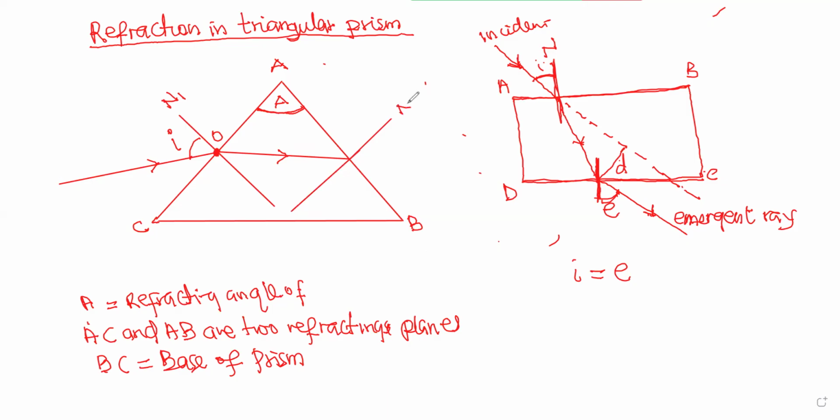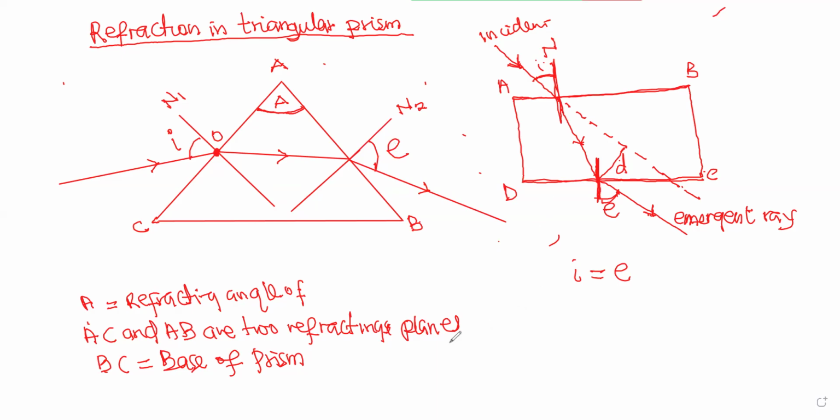So N2, the second normal N2. When the ray is coming out of the triangular prism, this time it will bend away from the normal. And for the prism, this becomes the emergent ray. This angle also becomes the angle of emergence E.